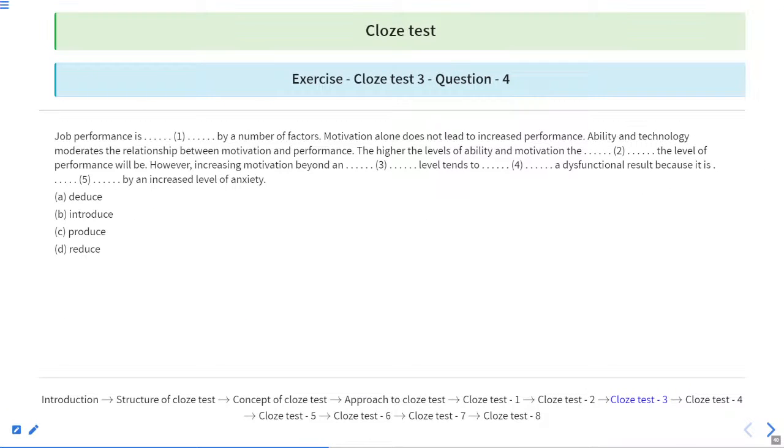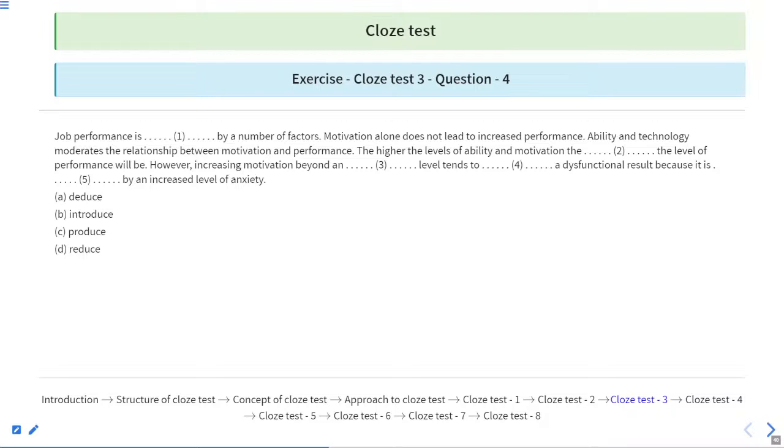So, job performance is affected by a number of factors. Motivation alone does not lead to increased performance. Ability and technology moderate the relationship between motivation and performance. The higher the level of ability and motivation, the dash the level of performance will be.